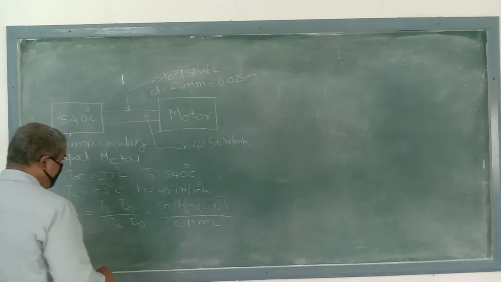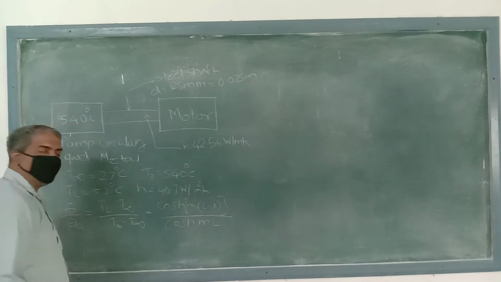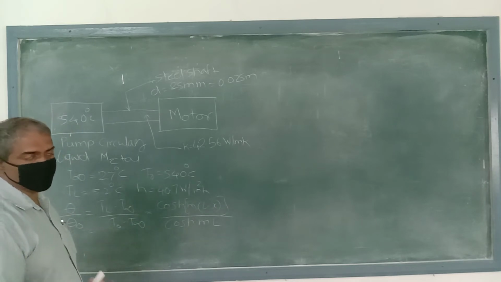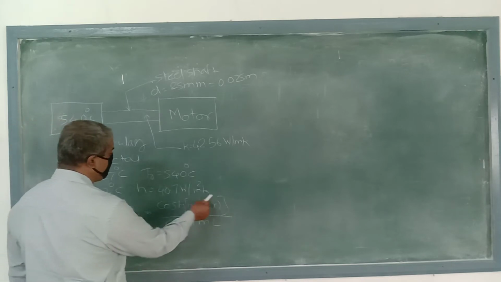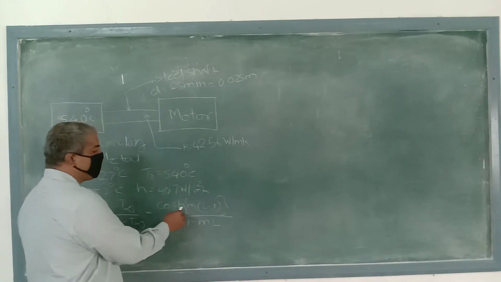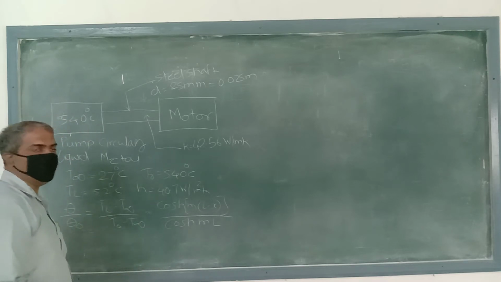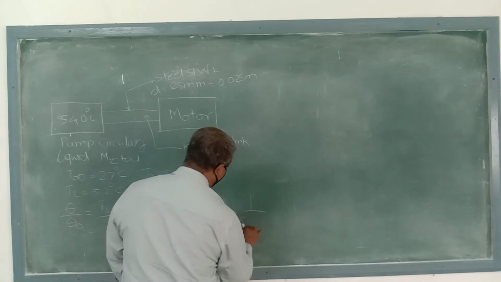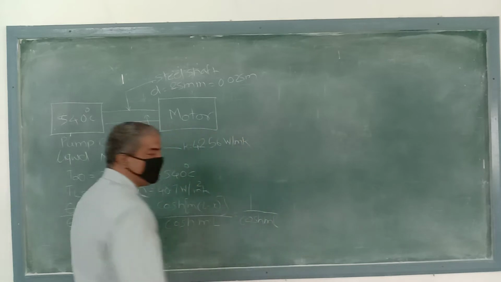Now here x is equal to L, as we have seen in the previous problem. So whenever we substitute x is equal to L, cos hyperbolic of 0 becomes 1. So the formula modifies as 1 upon cos hyperbolic mL.